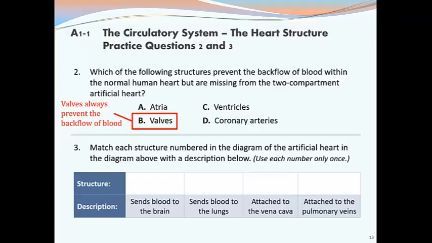Now, question number 3 says match each structure numbered in the diagram of the artificial heart and the diagram above with the description below. Use each number only once. Okay, so which one sends blood to the brain? Well, you know what? We probably want to have oxygenated blood coming to the brain. So that would be component number 2. Let's go back here. We can look back at the diagram.